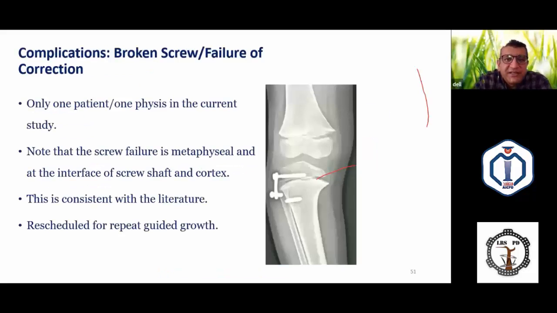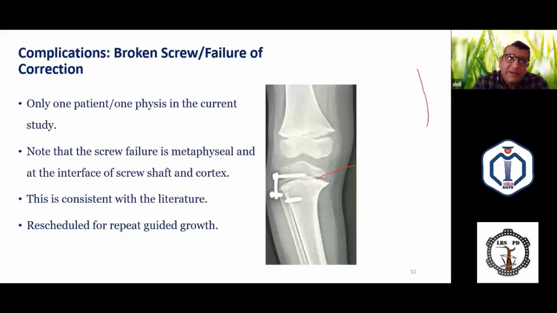Okay, this is simply examples. This is a very rare complication, at least in our series. This has mostly been related to Blount disease, and that is screw breakage. Screw breakage is different from screw subsidence. We had only one patient in our series, and actually the characteristics of screw breakage in the literature coincide with this screw breakage.